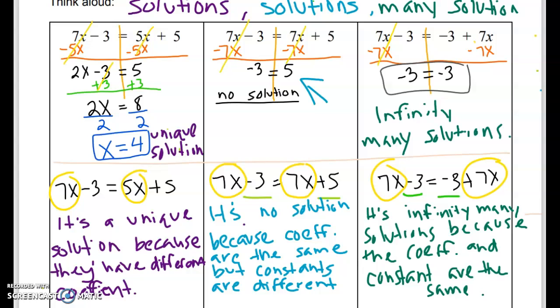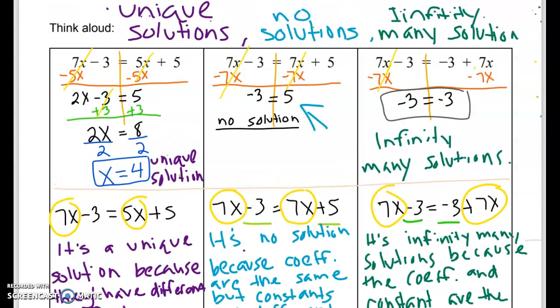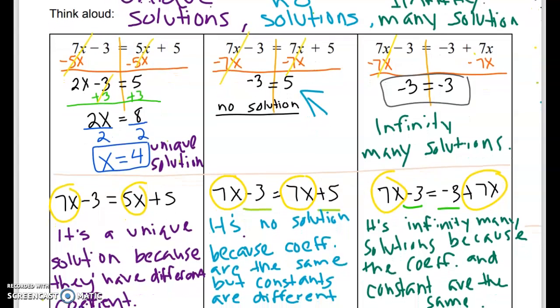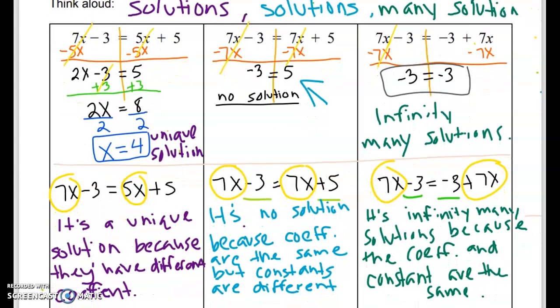Remember, I want to make sure I have a coefficient and a constant on each side, and I want to make sure I am classifying what type of solutions. We learned about 3 different types of solutions. We learned about unique, no solutions, and infinitely many solutions. Unique solution is one answer will make it true.